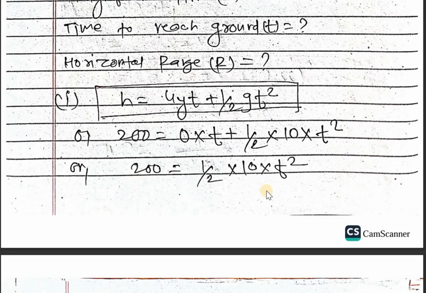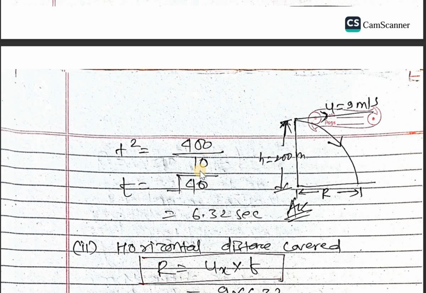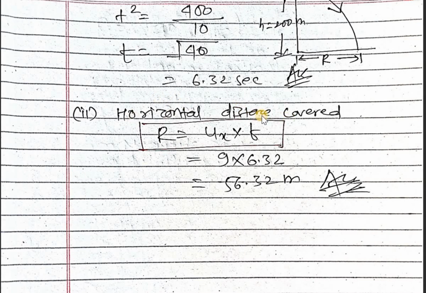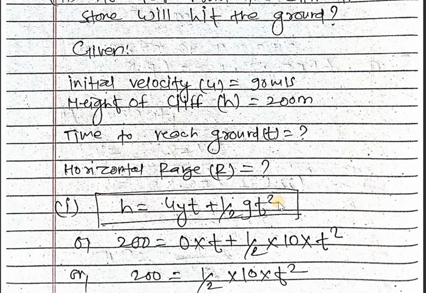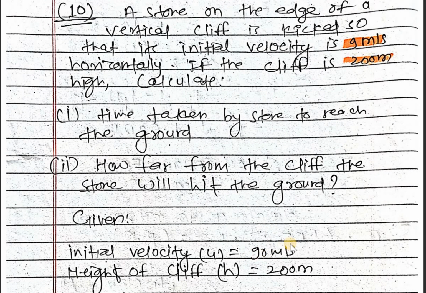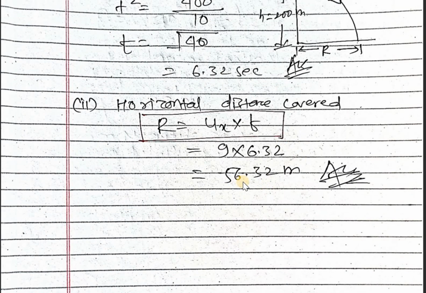So after simplifying this, we can get the value of t equal to 6.32 second. And horizontal range or horizontal distance covered equals ux into t. So 9 into 6.32. This is not 90, this is 9. 9 into 6.32, that is 56.32 meter.